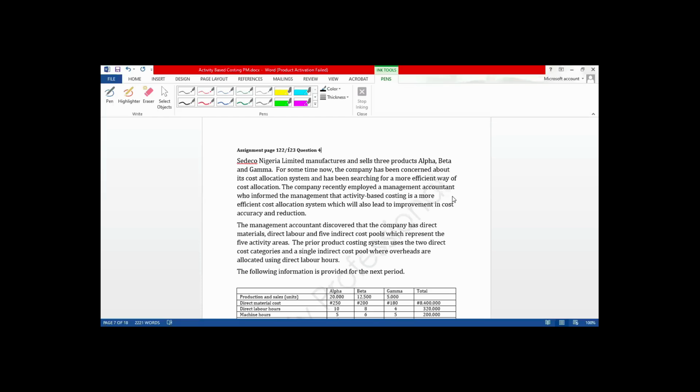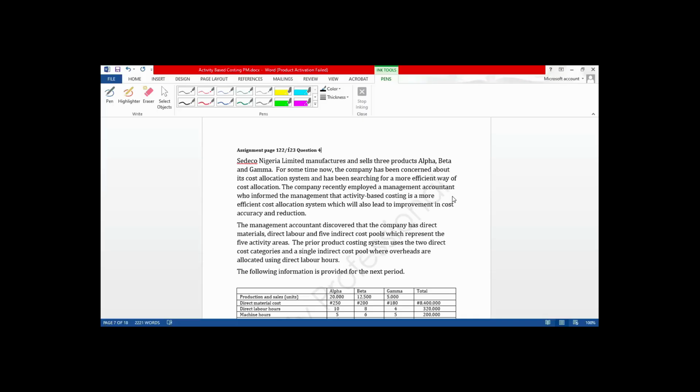The management accountant discovered that the company has direct material, direct labor, and 5 indirect cost pools, which represent the 5 activity areas.